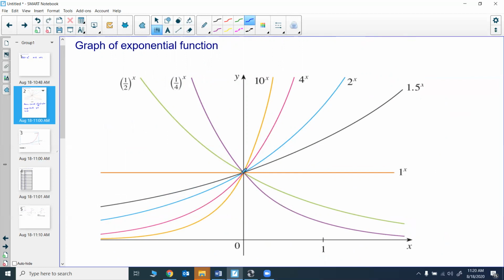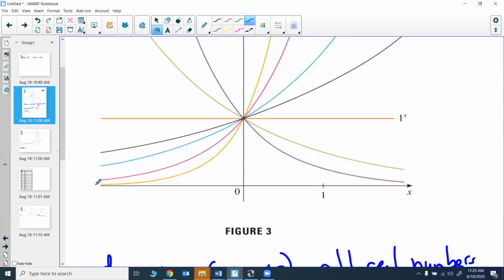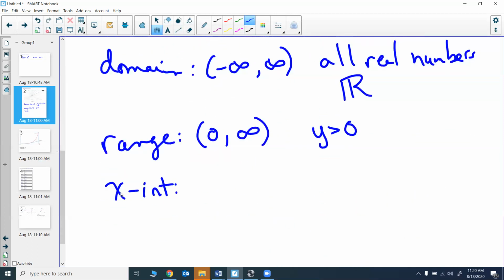But every single one of them goes through the point (0, 1). So they all have a y-intercept of (0, 1). An x-intercept, well, it never crosses the x-axis, so it can never have an x-intercept. So the x-intercept is always none for these, whereas the y-intercept for every single one of these is (0, 1).